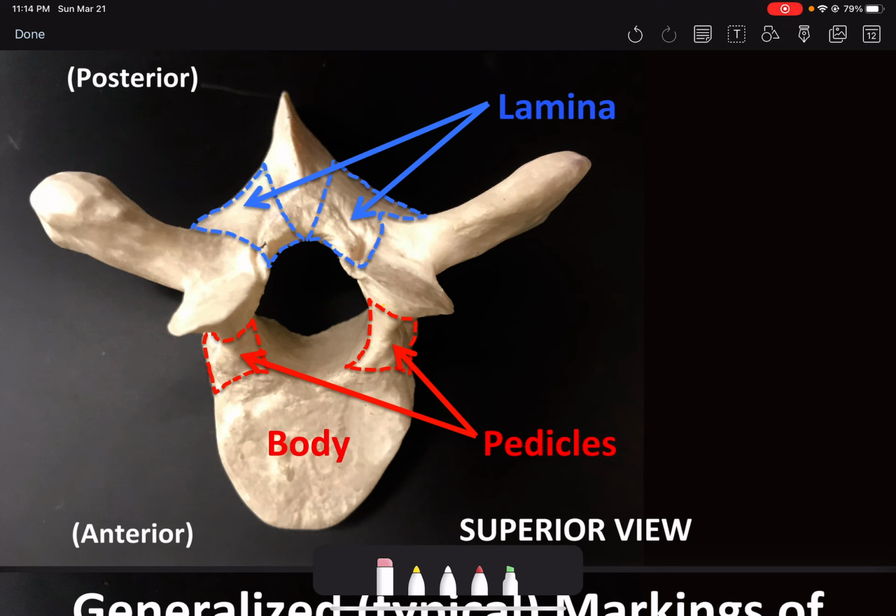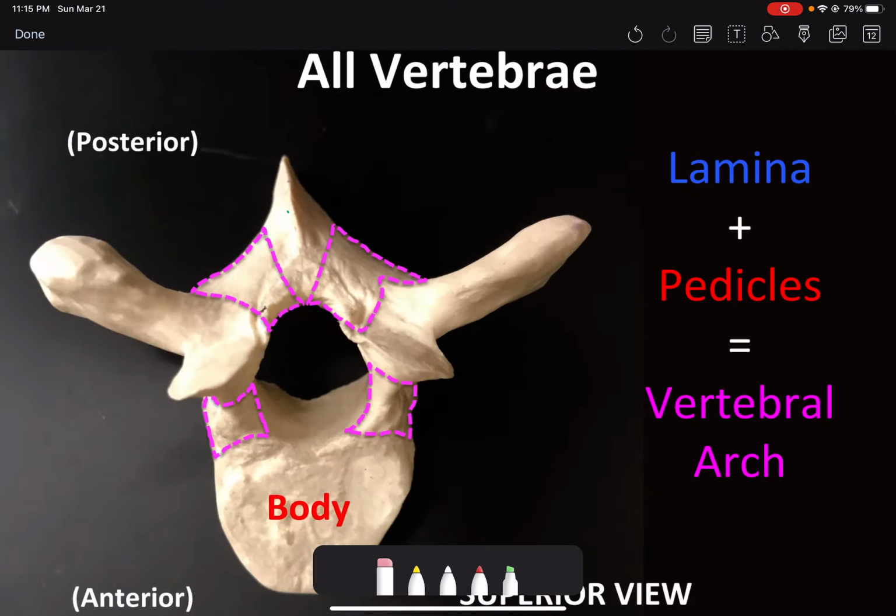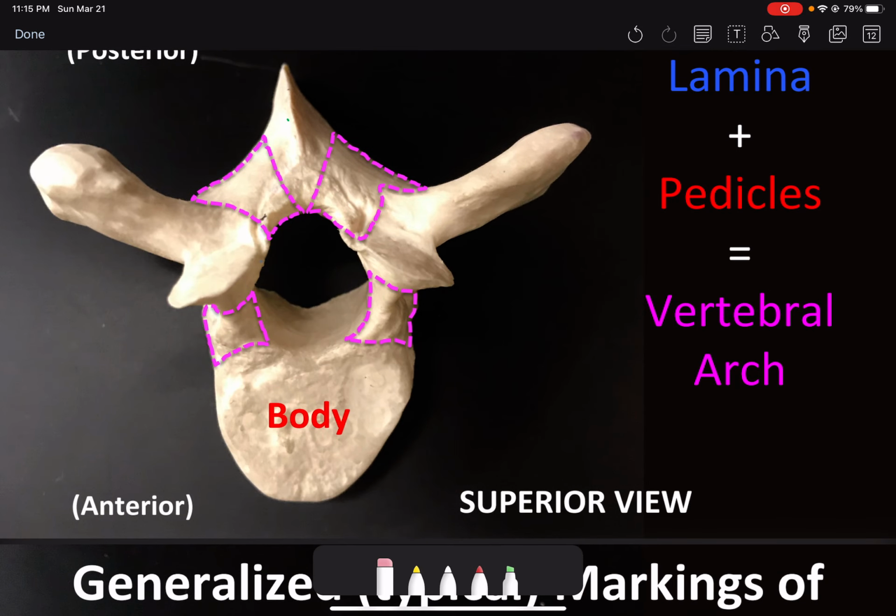And then more towards the posterior aspect of the bone are going to be your lamina, all right? So together, the pedicles and the lamina are going to partially surround this vertebral foramen. They're also going to give structural reinforcement for some other bony markings that are distributed between them, which we are going to go over just a little bit later. So the combination of your lamina and your pedicles are known as the vertebral arch.